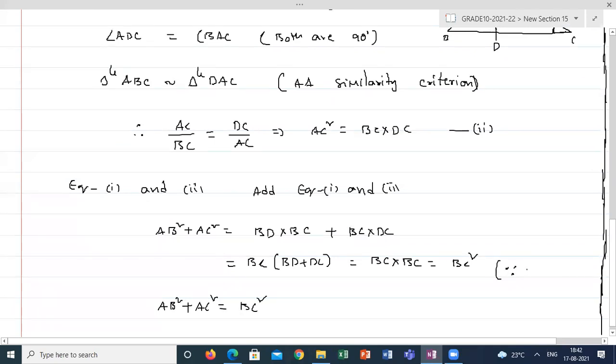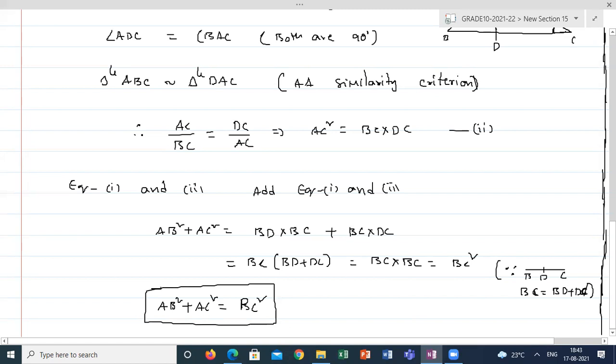Since this is the line BDC, BC is equal to BD plus DC. From the diagram or from the construction, D is a point on BC, so the line BC is divided into two parts, BD and DC. The sum of BD and DC is nothing but BC.